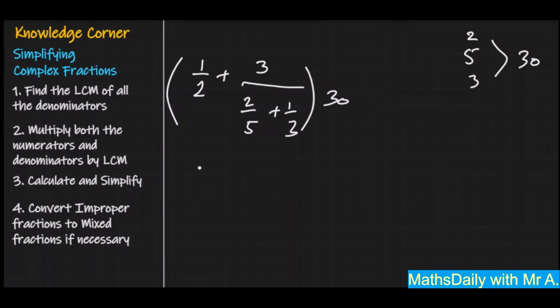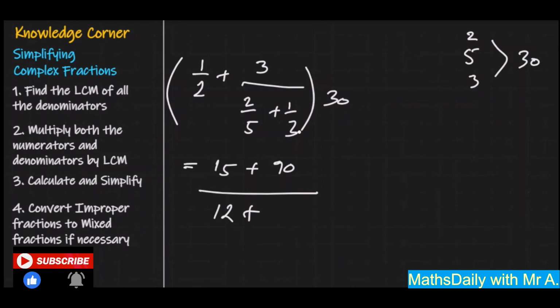Multiply by 30. This is equal to 30 times 1 is 30 divided by 2 is 15, plus 30 times 3 is 90, over 30 times 2 is 60 divided by 5 is 12, plus 30 times 1 is 30 divided by 3 is 10.